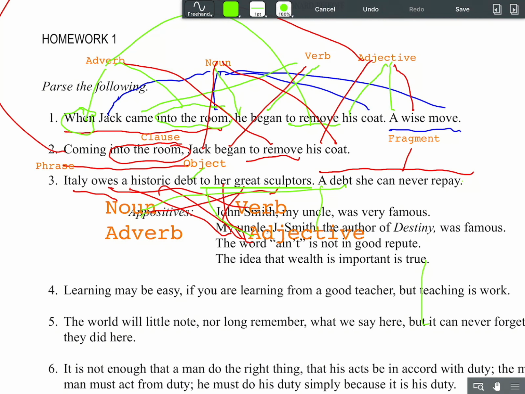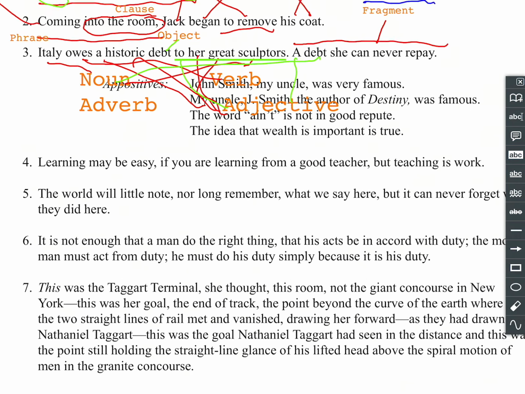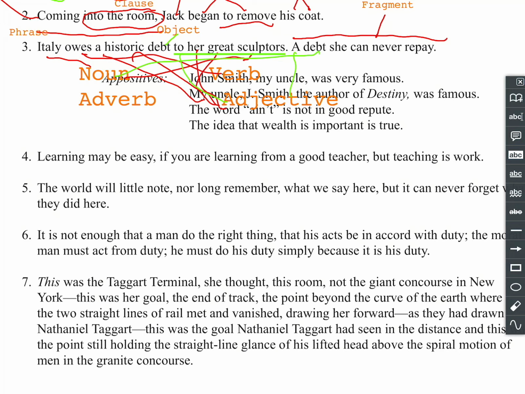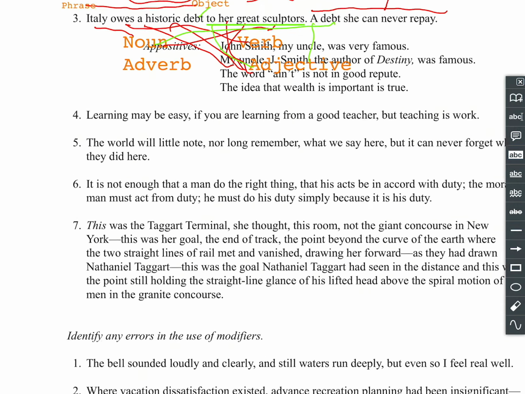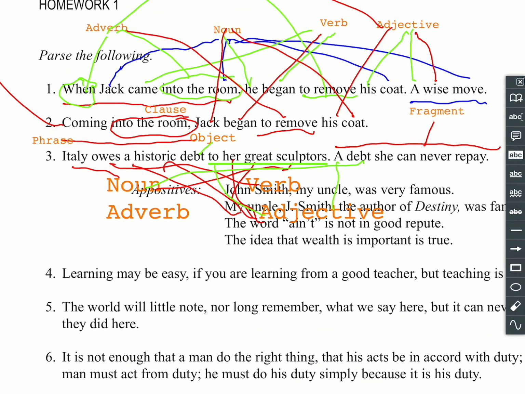I don't know if these are even, the formatting looks kind of messed up, perhaps. Or maybe they just wanted it to be in a different order, like they wanted a break in the parsing. Because it goes 3, and then this thing, and then 4, 5, 6, 7. That's sort of weird.